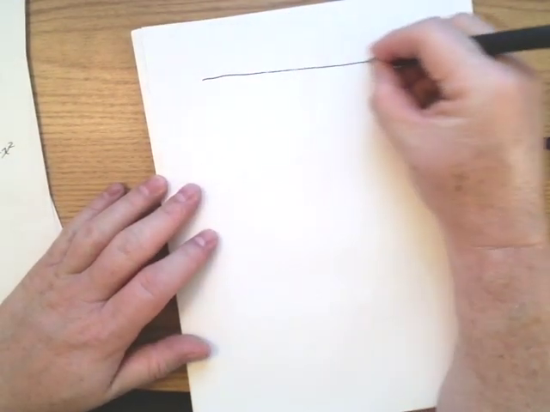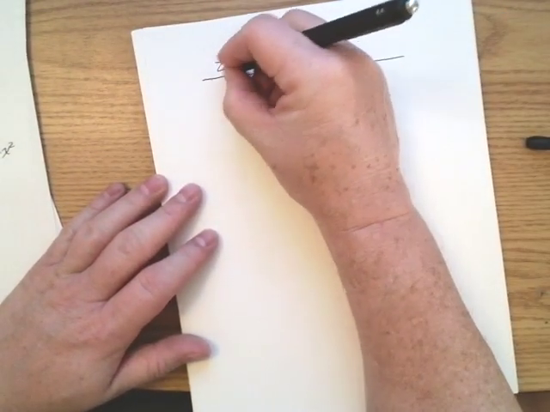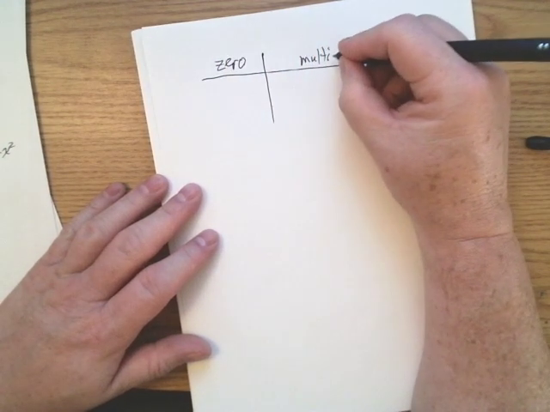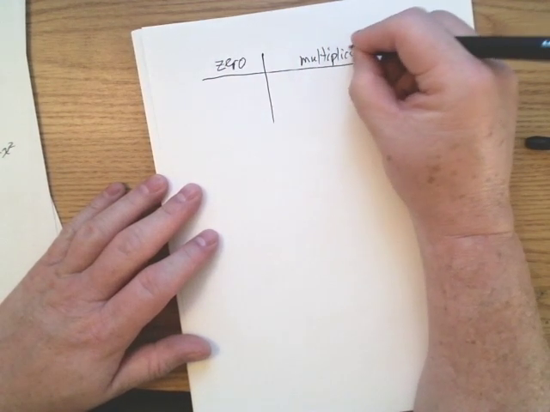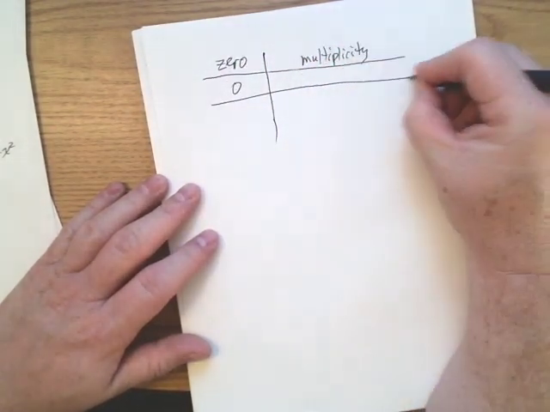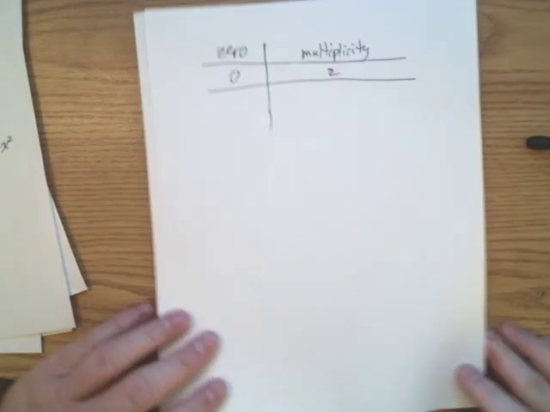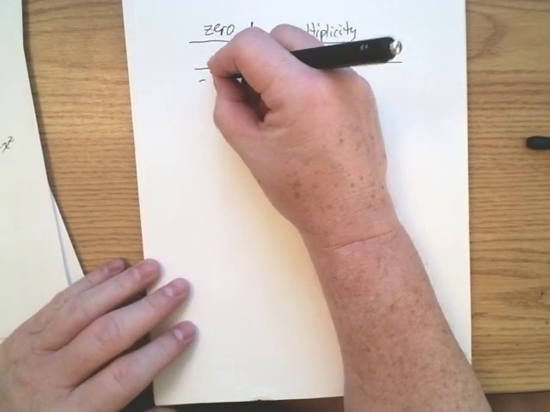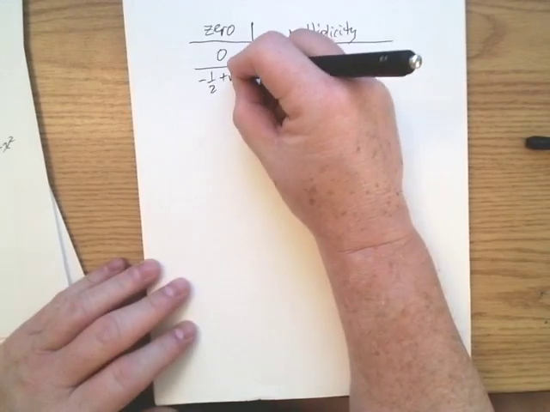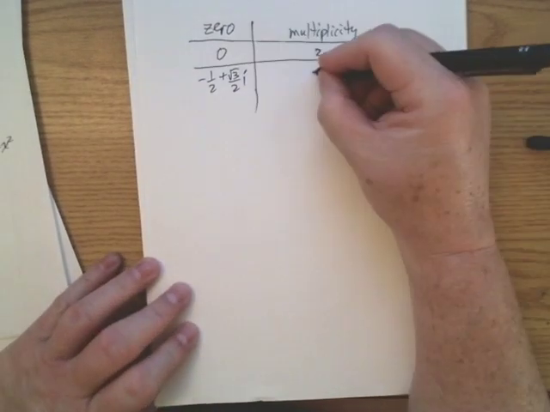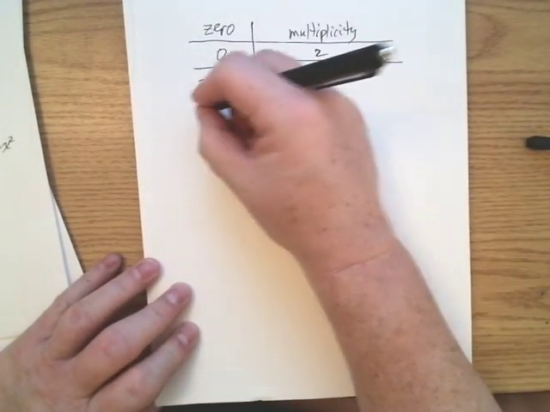So here would be my zeros if I was to make out a table like I did last time. Here's my table. It would go like this: the zero, and then a multiplicity. I had 0 as a zero. That occurred twice, didn't it? A double zero. Then I had negative 1/2 plus the square root of 3 over 2 i. What's its multiplicity? 1. That only occurred one time.